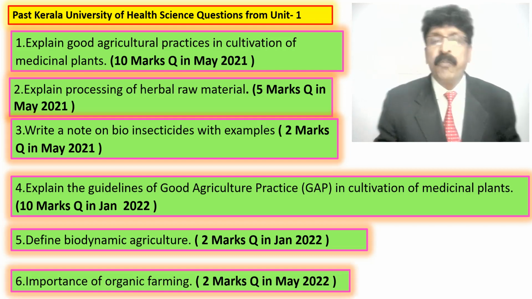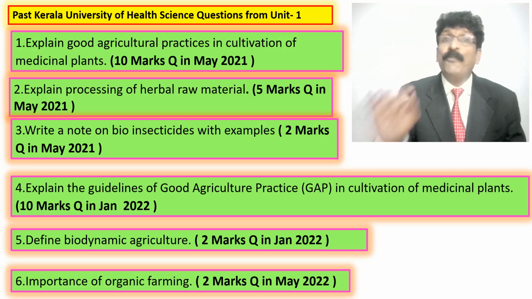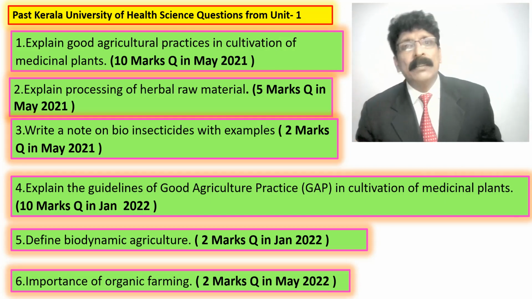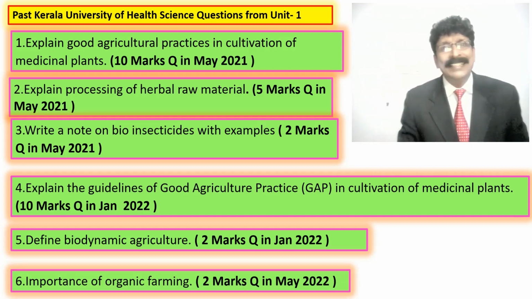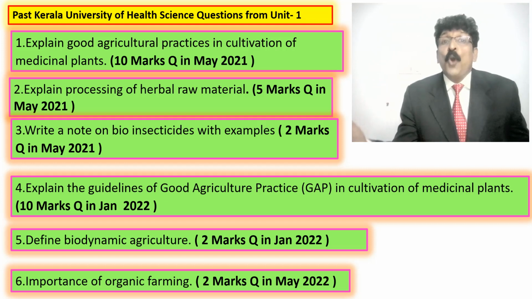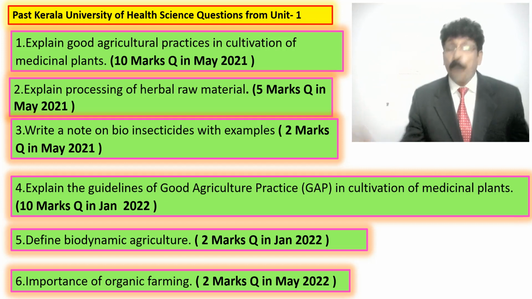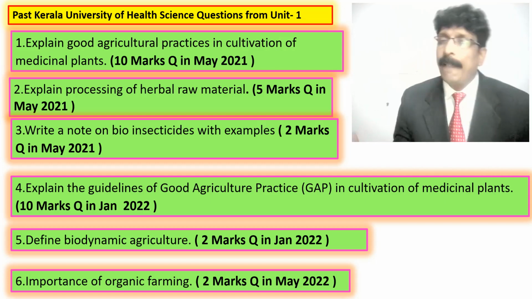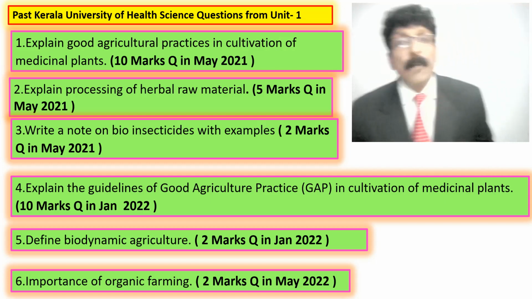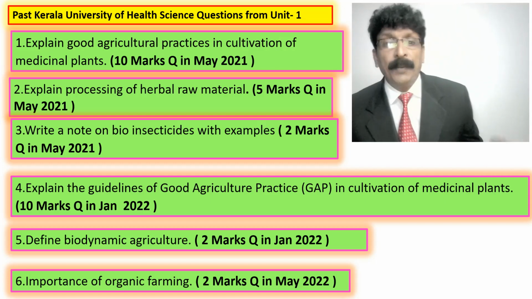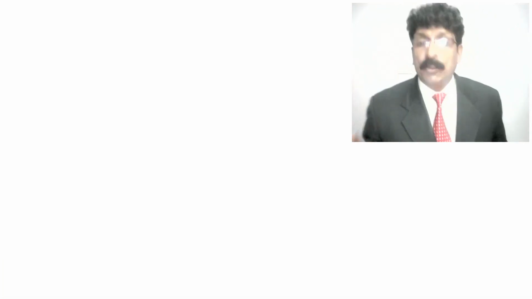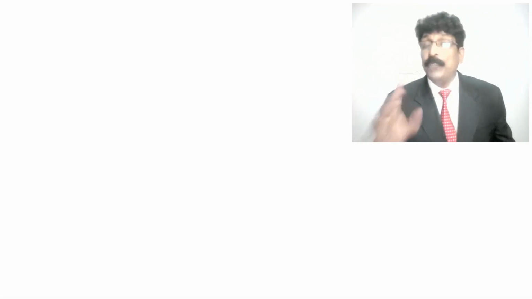Importance of organic farming, organic cultivation, organic products, which you know is very important nowadays. People like to take products from organic cultivation. So importance of organic farming was a 2 mark question in May 2022.